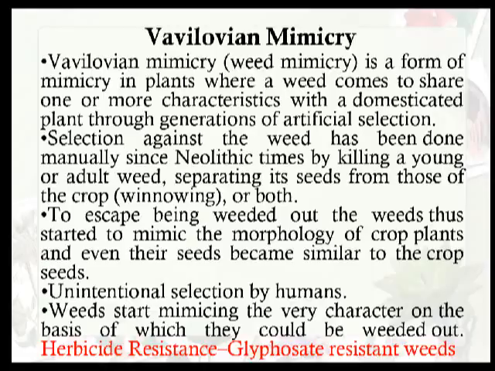So it is very cost efficient if we can develop seeds or crops which are resistant to this glyphosate Roundup. Then we'll not be requiring any other herbicide. But what has happened is because the weeds were being killed, they also started developing resistance to glyphosate, similar to the main crops, the genetically modified crops. So this is an example of Vavilovian mimicry.